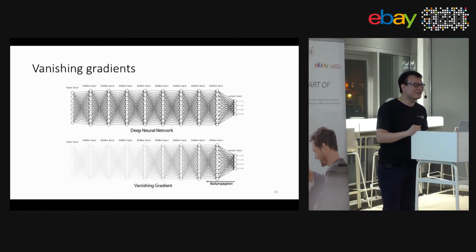So what is a loss function? I already mentioned the gradient of my loss with respect to my model parameters, but what is the loss function? The loss function is the loss when the model is not able to classify your data correctly. That's the loss.